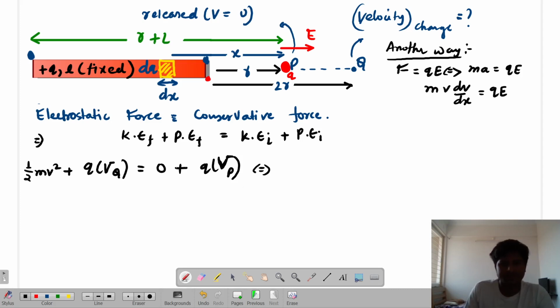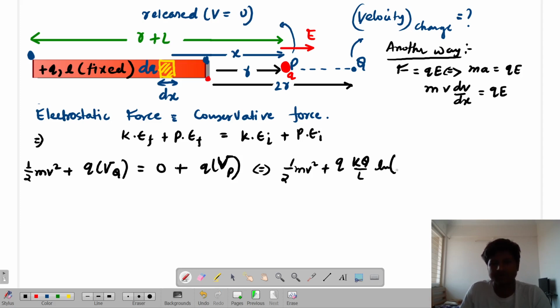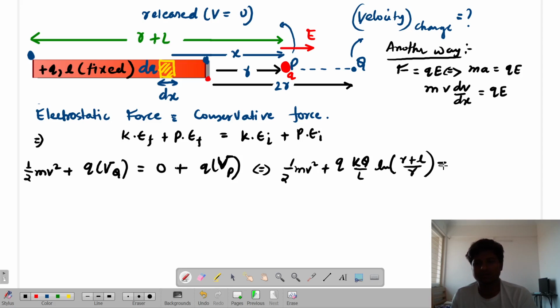So this implies half mv square plus q times V at Q. The potential at Q is kq by L, ln of (r plus L) divided by r, isn't it? And potential at P, oh sorry, I have to use here the distance becomes 2r at P. So the equation will be the same: (2r plus L) divided by 2r.